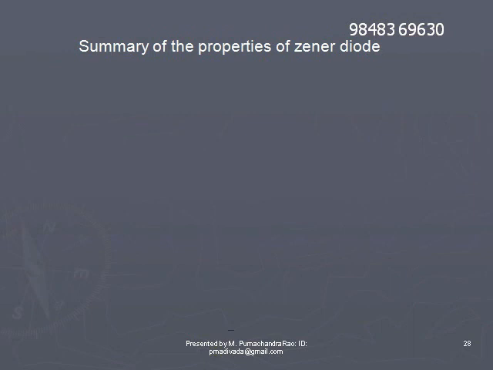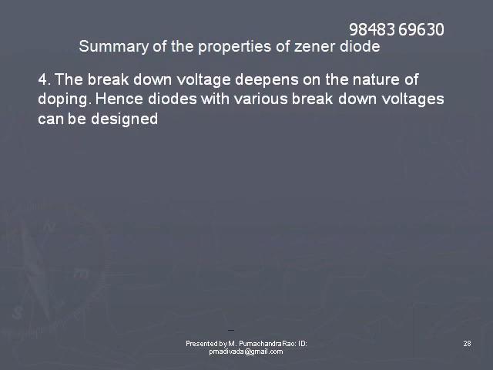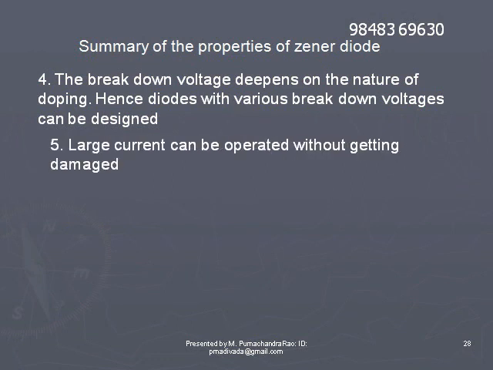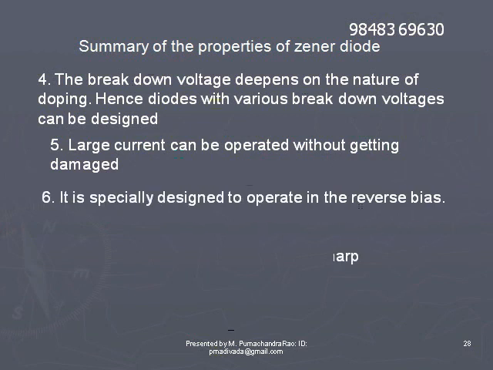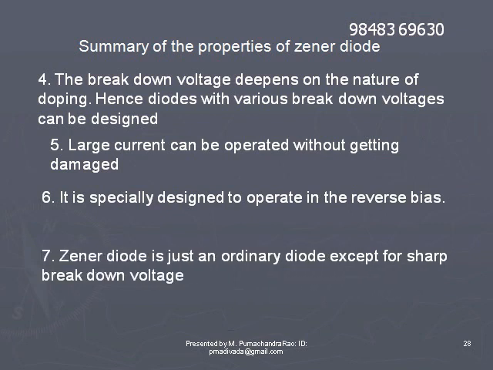Hence, diodes of different breakdown voltages can be designed. Large current can be operated without getting damaged. It is specially designed to operate in the reverse bias. A Zener diode is just an ordinary diode except for its sharp breakdown voltage.